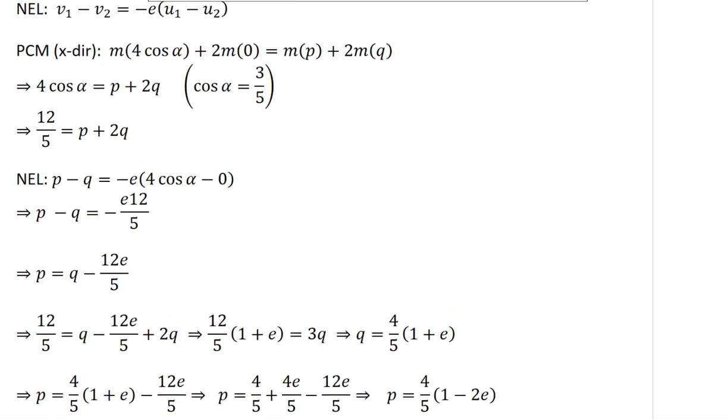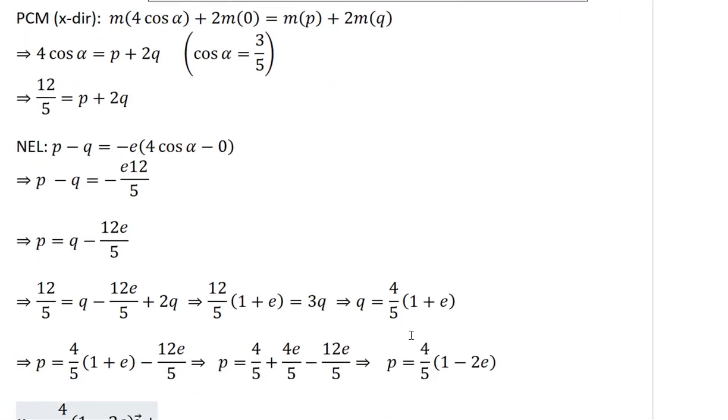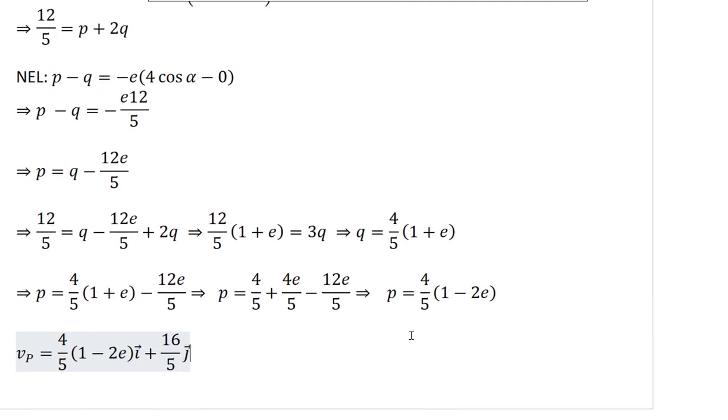Then what is it in the j direction? Remembering that hasn't changed, so that's 4 sine alpha, which is 16 over 5. I'll let you guys figure that one out yourself. It is correct.